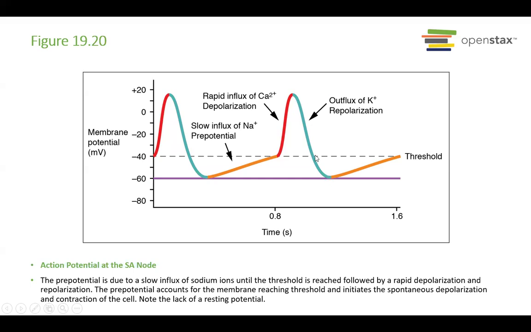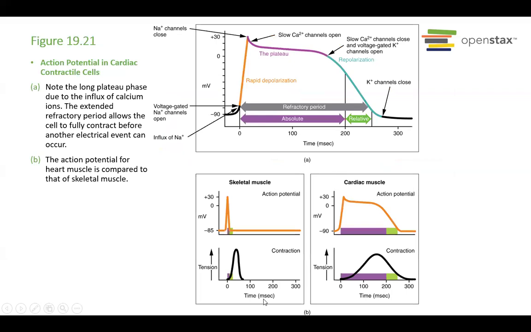And the repolarization is caused by what? The outflux of potassium. So the prepotential accounts for the membrane reaching the threshold and initiates the spontaneous depolarization and contraction of the cell. Then we begin again with the slow influx until we hit our threshold, and that's going to cause our depolarization.